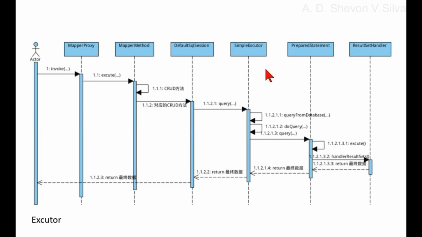Ordinary executors have three types. They all inherit from the base executor. Batch executor is specially used to execute batch SQL operations. Reuse executor will reuse statements to execute SQL operations, and simple executor simply executes SQL without anything special.